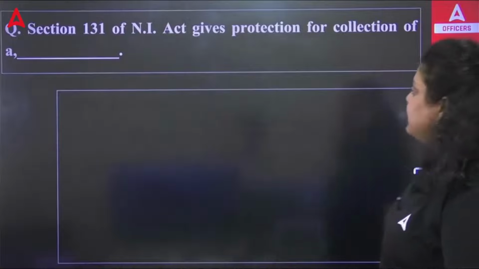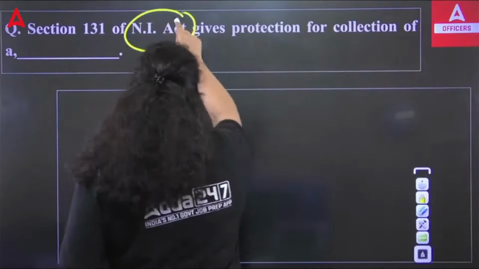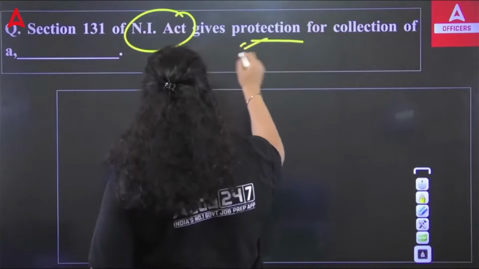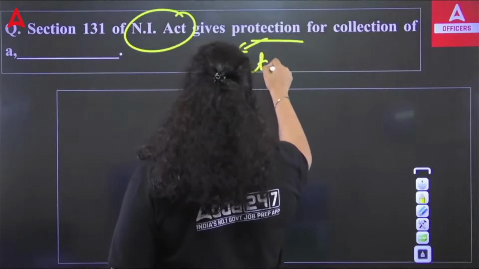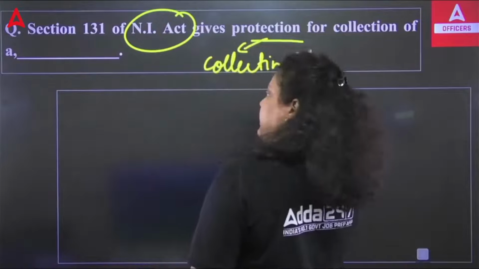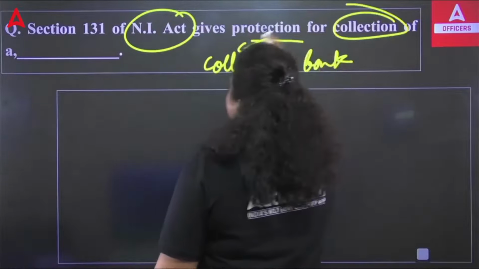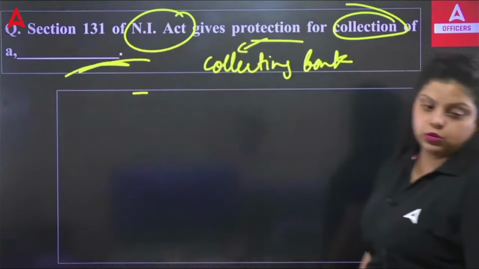It asks: Section 131 of the Negotiable Instrument Act gives protection for collection of a dash. It gives protection to the collecting bank, that we have seen, but for collection of which of the following instruments?